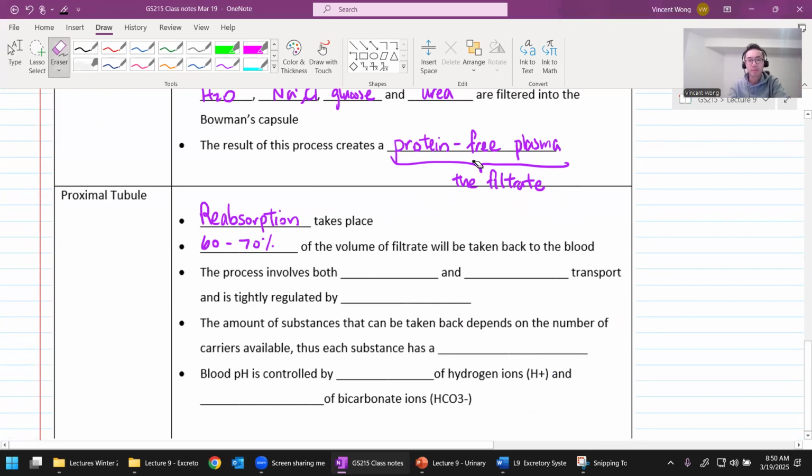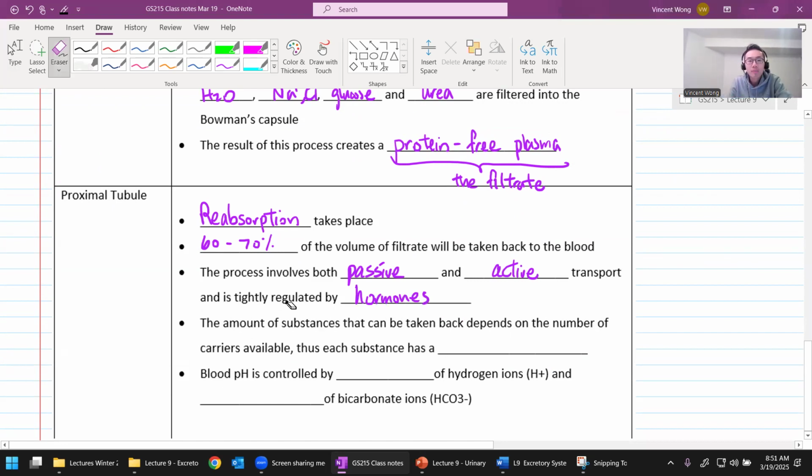So we reclaim them. The process involves both passive and active transport. You might actively reclaim the NaCl, but water usually follows NaCl because of osmosis. We learned about that last semester. And this process is tightly regulated by hormones.